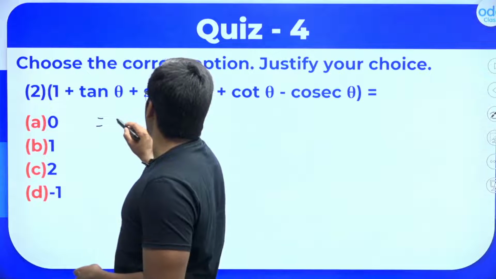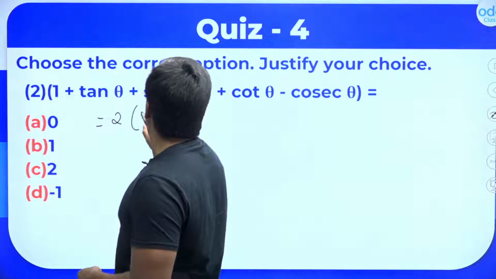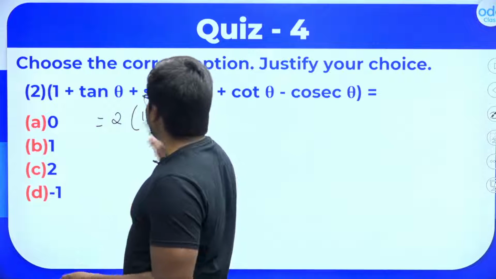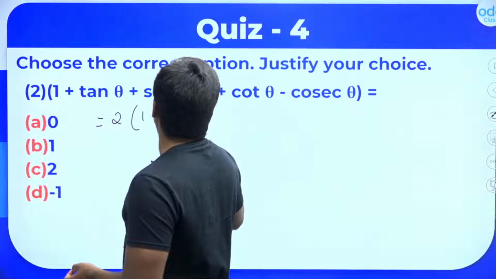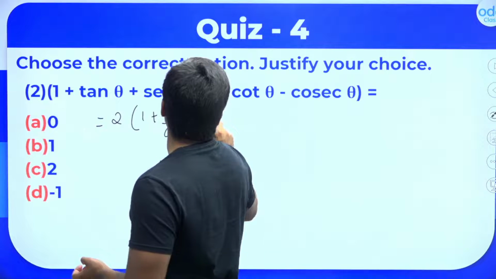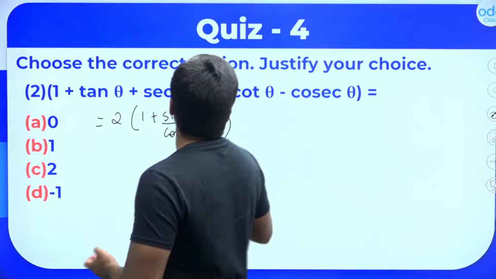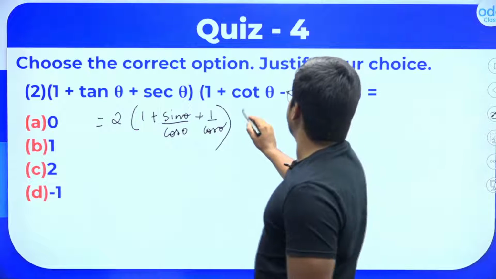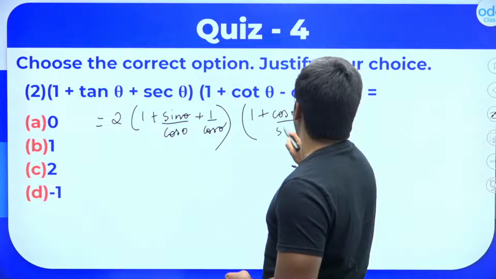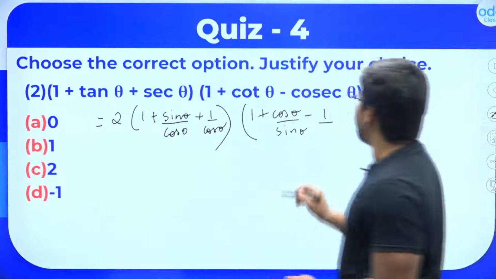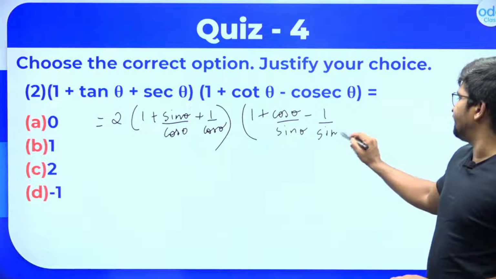So 1 plus tan theta can be written as 1 plus sin theta by cos theta, right? And sec theta is 1 by cos theta. Fair enough. And again, here 1 plus cot theta can be written as 1 plus cos theta by sin theta, minus cosec theta is again 1 by sin theta for you.